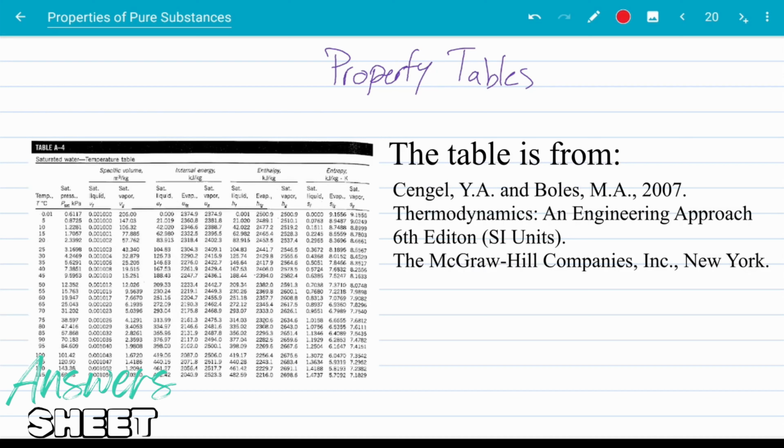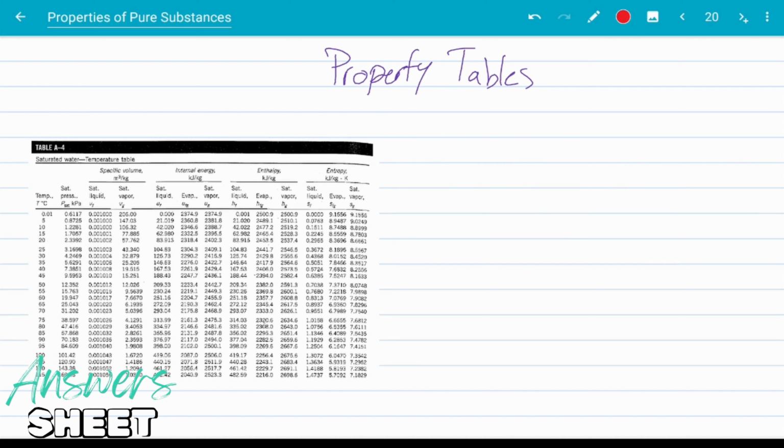As you can see, various properties of water are given based on the saturation temperature, right? So this column here is the temperature, this column is the saturation pressure, and these columns are showing the internal energy. These are showing enthalpy, and these are showing entropy.